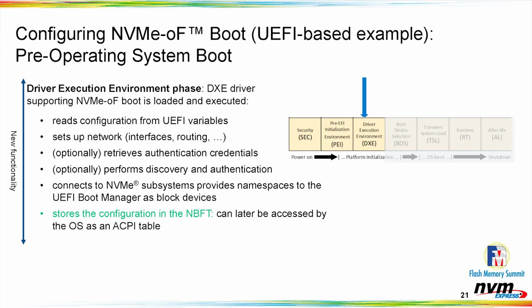It can optionally retrieve authentication credentials, and it can perform NVMe over Fabrics discovery and authentication, and then it connects to the NVMe subsystems that are providing the namespaces that are potential boot sources, and stores all that information in the NVMe-oF boot table, the NBFT, which is later made available to the OS as an ACPI table.